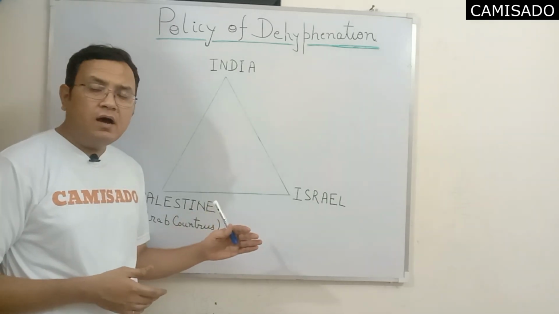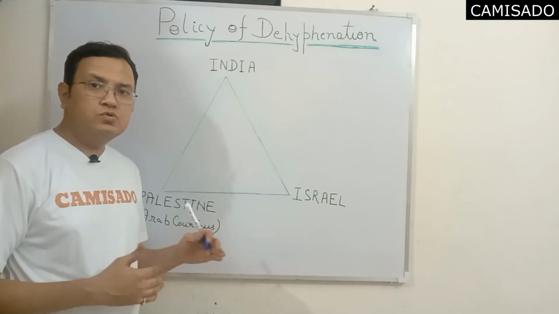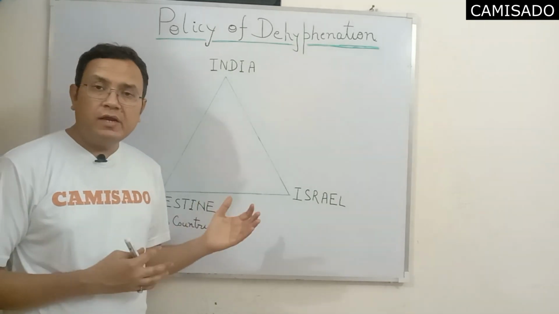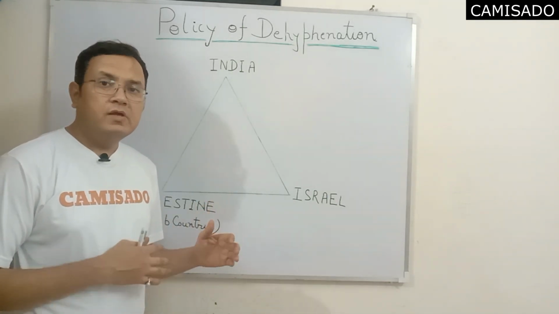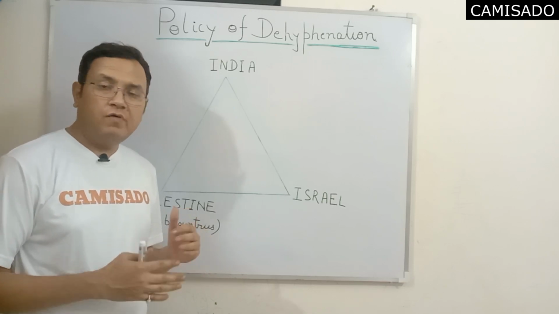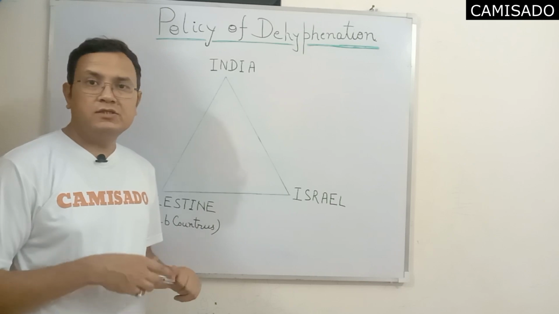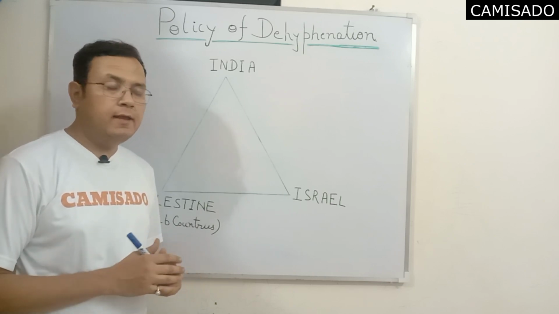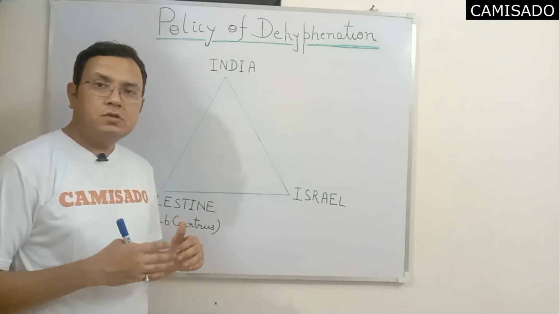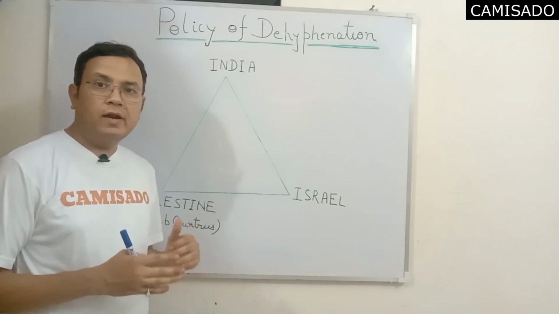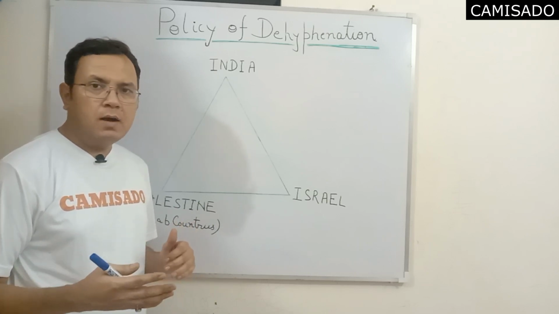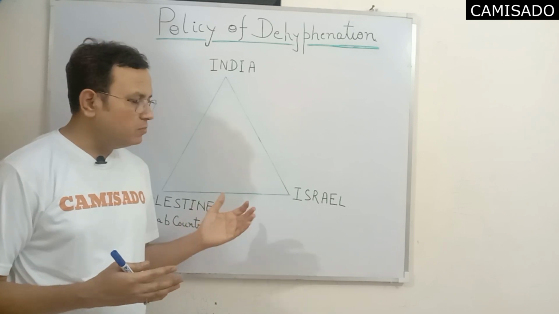And Israel, on the other hand, has become a very crucial, very strategic country, I would say, in the last couple of decades, especially in the last 3 decades. Whether it is our fight against terrorism, Israel has become a very important ally. Apart from that, Israel has emerged as one of the most important countries for exporting arms and ammunition to India, and India is one of the largest importers of arms and ammunition from Israel.